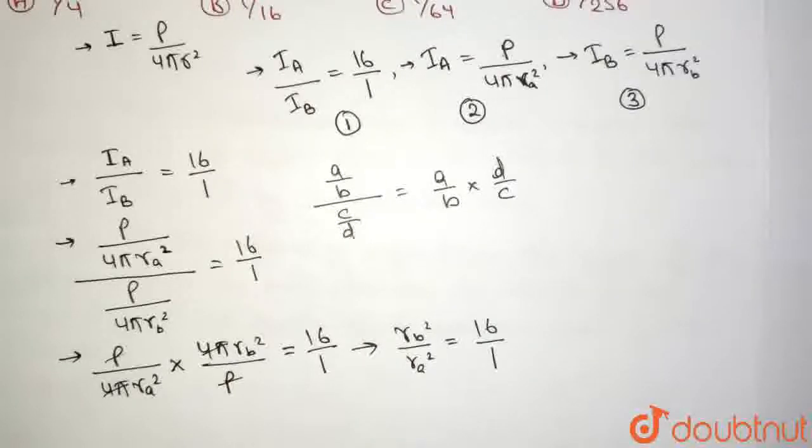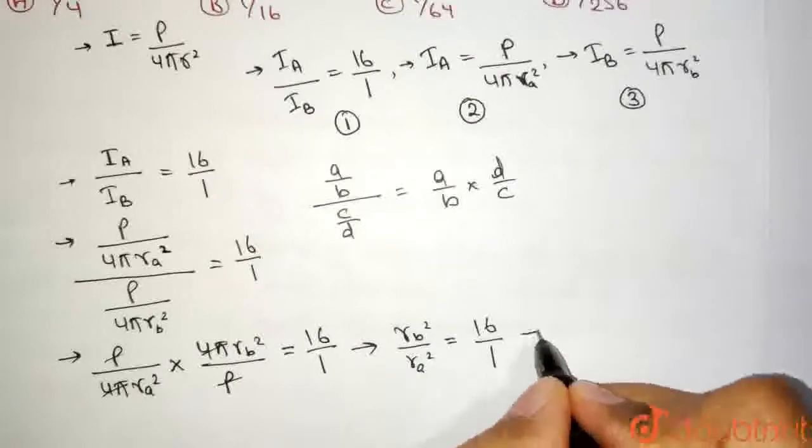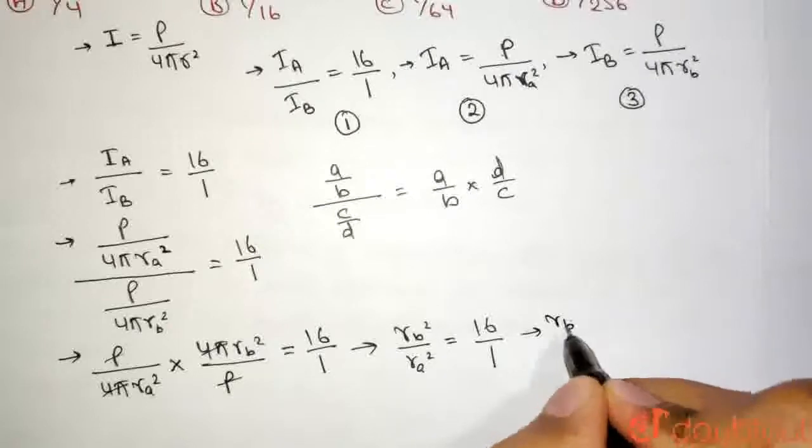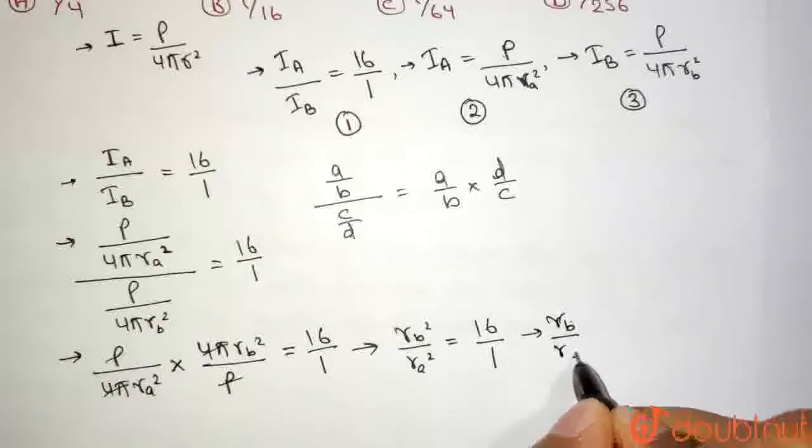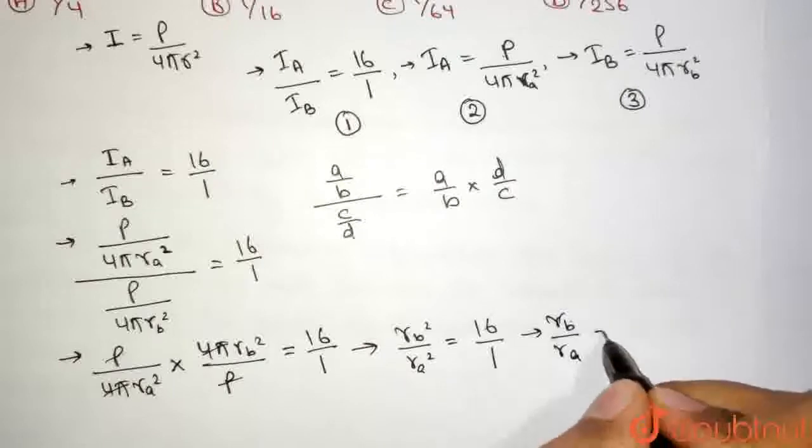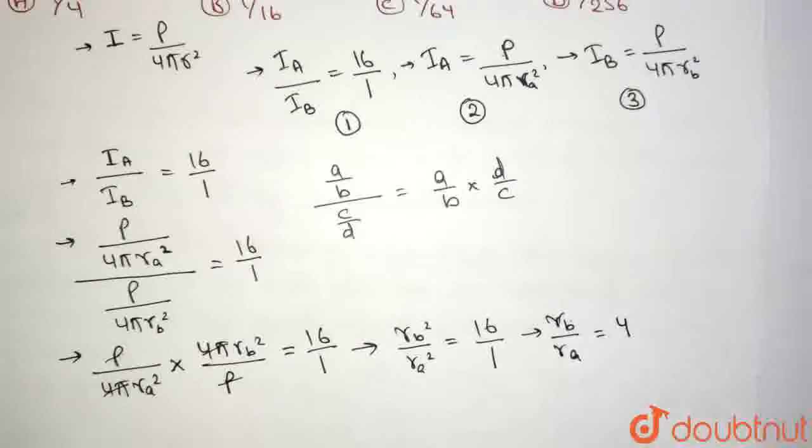And if we take a square root on both the sides, this becomes rB upon rA is equal to 4, right? And now if we multiply both sides by rA, because ultimately we did not have to find rB upon rA, we have to find rA upon rB. That is the ratio of the distance of observer A to the distance of observer B, right?